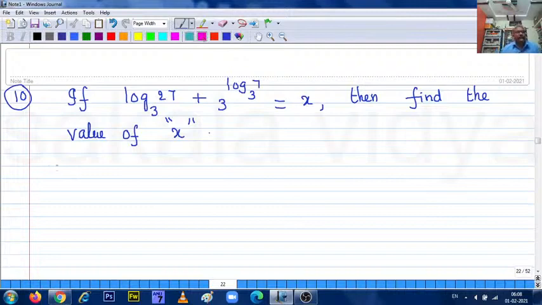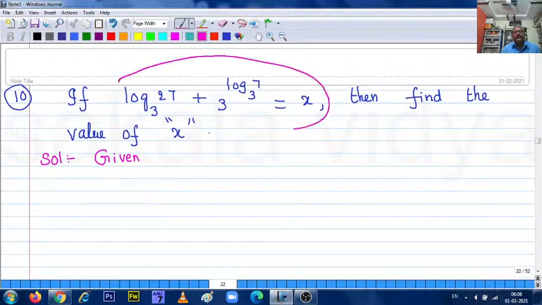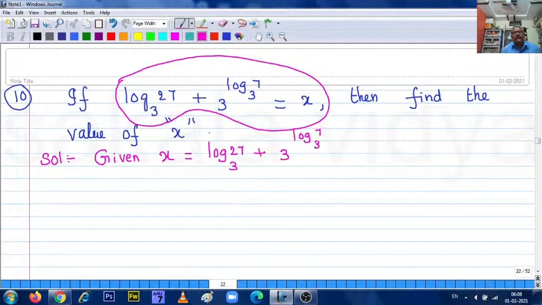So here, see the solution. This part is given: x equals log 27 to the base 3 plus 3 to the power of log 7 to the base 3.